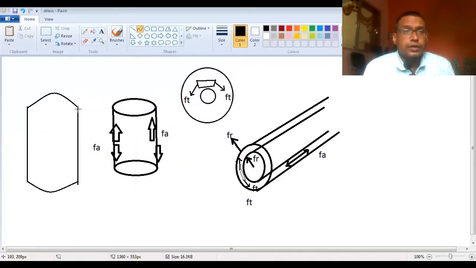Now, when we are considering the different aspects, the pressure vessel looks like this. This is the simplest figure for the pressure vessel which one can draw. You can also draw this figure.